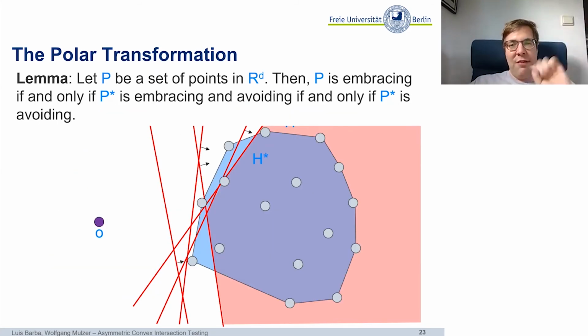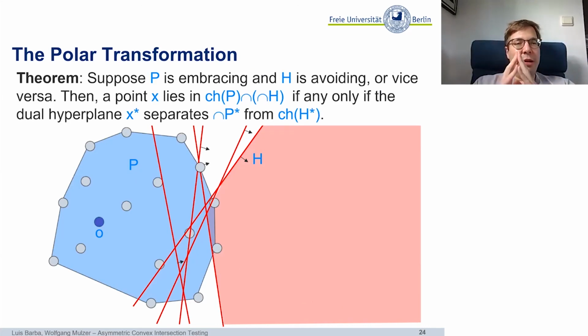So we have some duality between embracing and avoiding for points and the polar half spaces that we get. This is our lemma for the polar transformation, and this tells us that we can use the polarity transformation to make embracing point sets, and to dualize this notion of intersection.